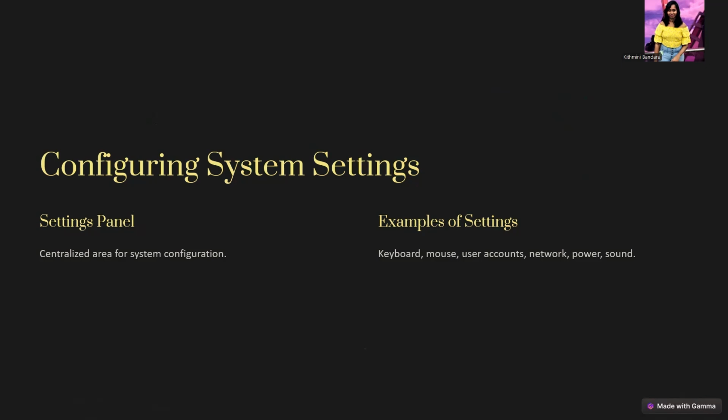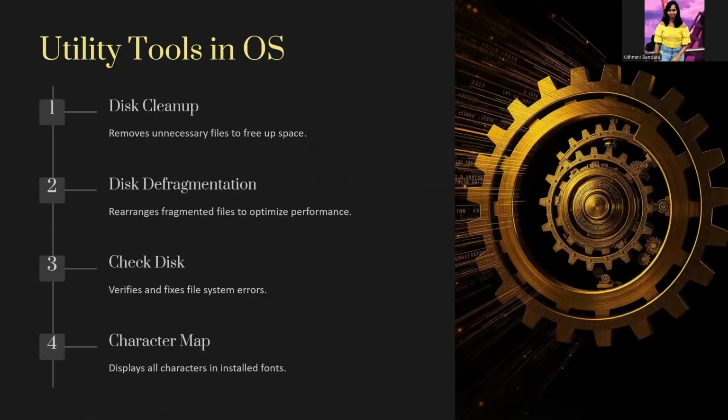The other one is utility tools. Operating systems come with built-in utility tools that help maintain and optimize the computer. Some of these tools include disk cleanup, disk defragmentation, check disk, character map, etc. Disk cleanup removes unnecessary files to free up disk space.